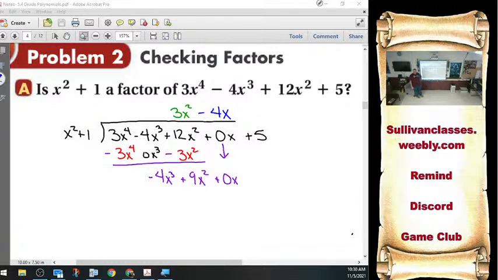Negative 4x times the stuff. Negative 4x times x squared is negative 4x cubed. Negative 4x times 1 is negative 4x. I want to keep everything lined up. If I am subtracting this line, just change your signs. Now, do you see how if I had that 0x here, there just would have been a 0x there?